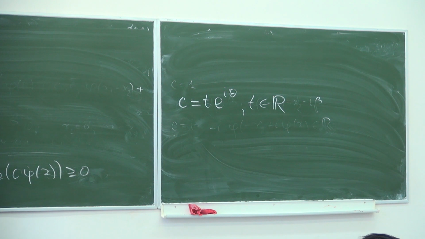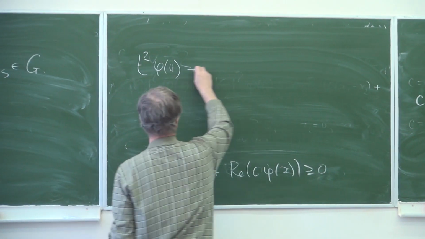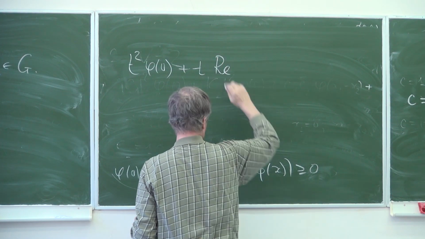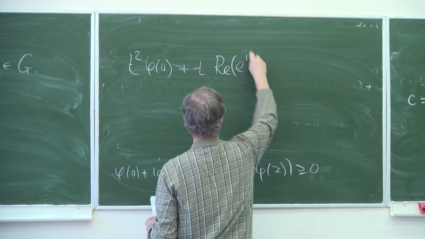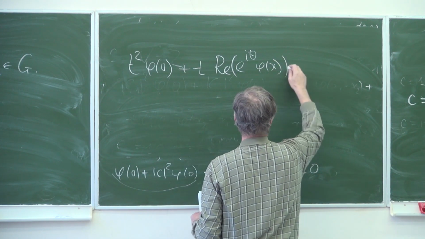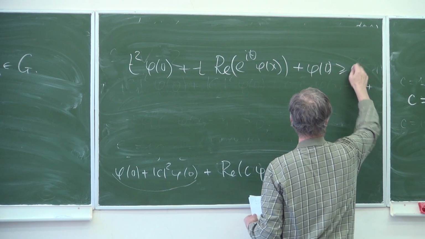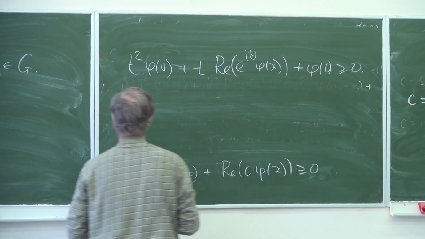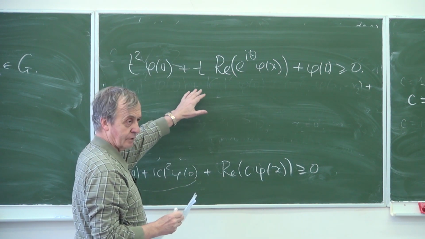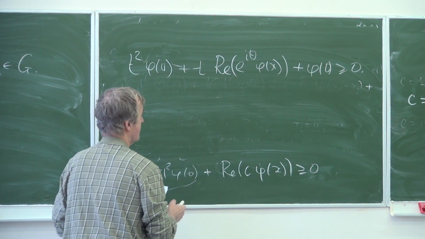So what do we obtain? T squared phi of 0 plus 2t, the real part of e to the power I theta phi of x, plus phi of 0. It is non-negative. So if this is a quadratic polynomial, then we see that the discriminant must be non-positive.